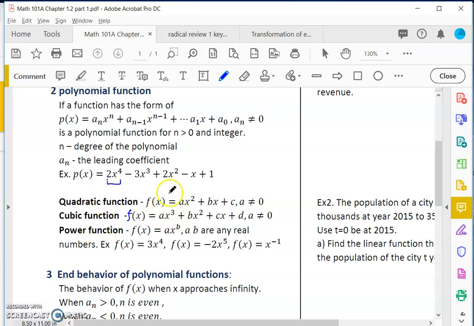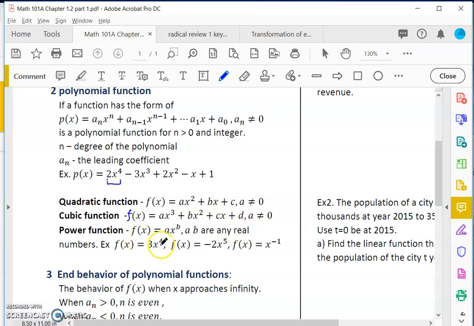Okay. We can also have something called a power function that overlaps with polynomial function, and it is written as f of x equal to a x to the b. That means there's only one term, and that term has x to a particular power. But unlike in polynomial where we limited it to a positive integer, a power function actually allows b to be any real number.